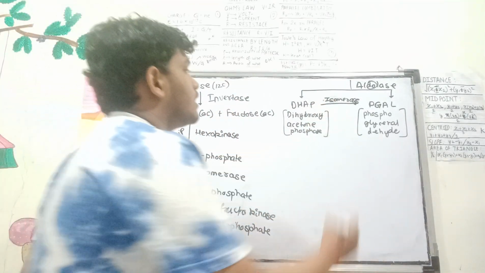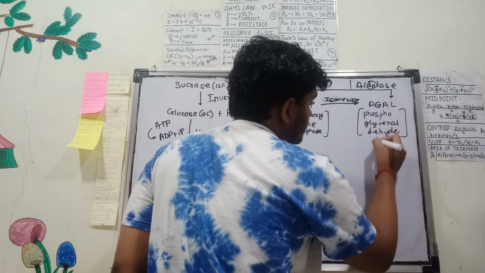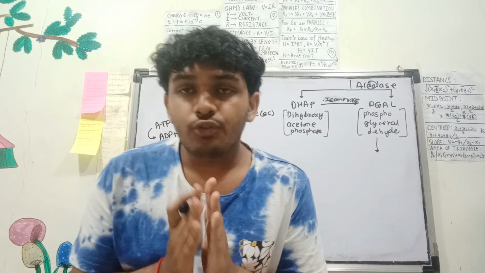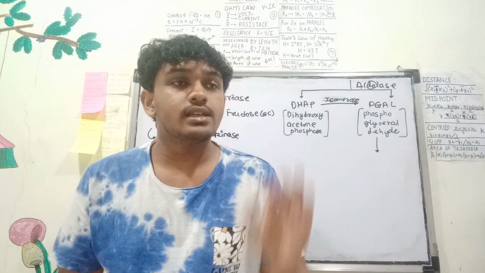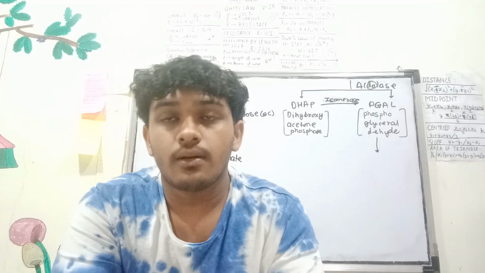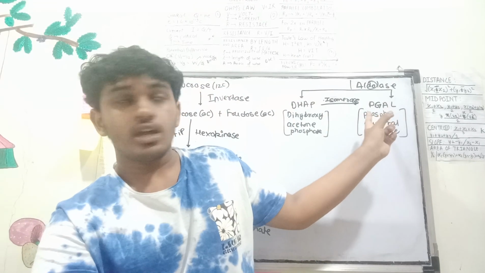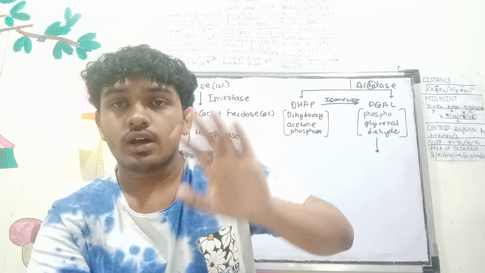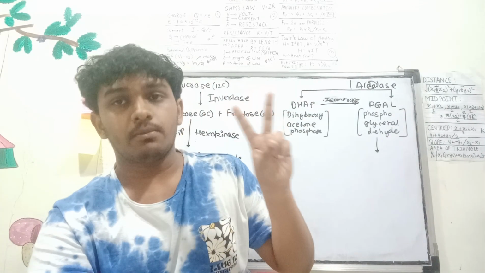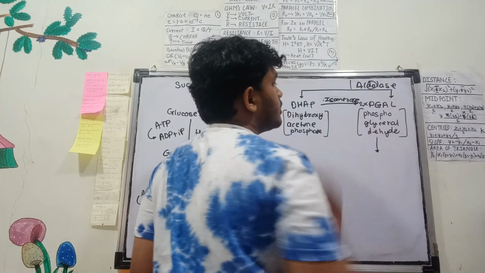As I said, PGAL continues the cycle. The point to be noted from here onwards is that every compound formed after this will be two molecules, because DHAP is converted into PGAL, so there are two PGAL. So all the compounds after this are going to be two in number, and I'll just be multiplying by 2.